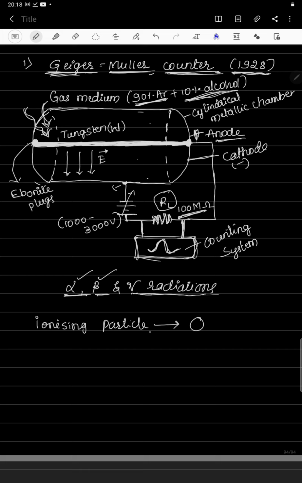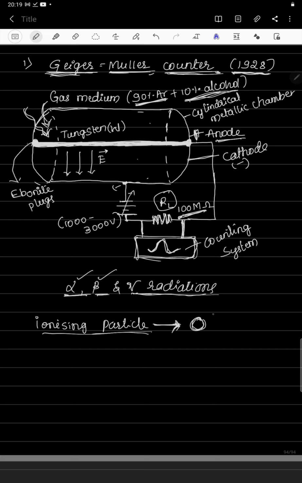Then ionization takes place. This ionizing particle, coming from different radioactive isotopes, collides with the gas molecules, that is, the argon we have taken in the tube. When it collides with the argon gas, ionization takes place.